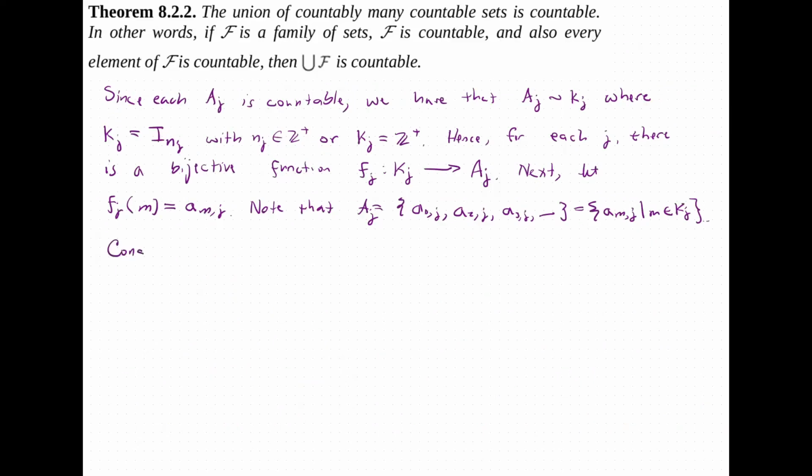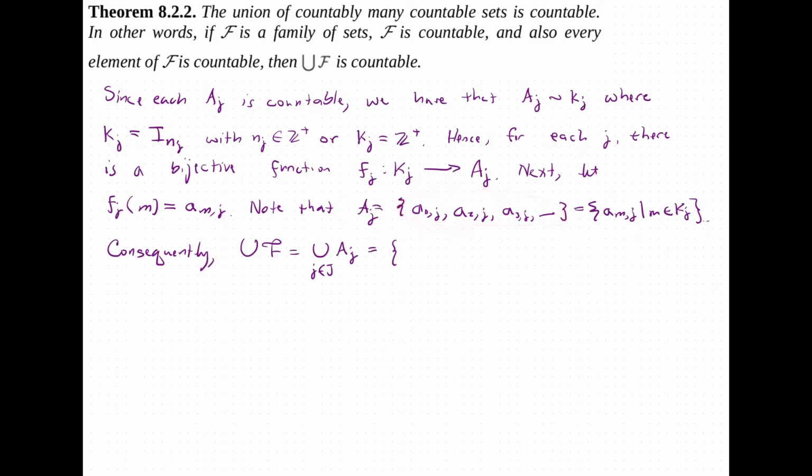So consequently, the union of f, which is the union of the a sub j's for j in our indexing set, which we called capital J, is the same as when we take the union of all the sets that have this form.